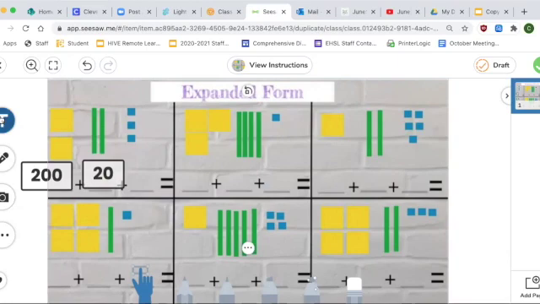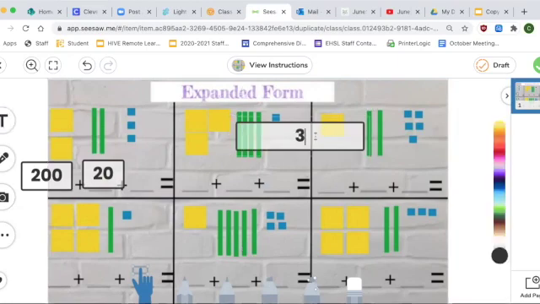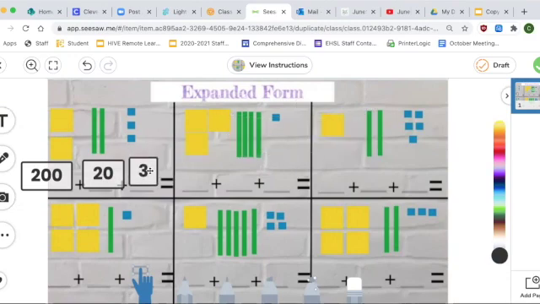And then I have 3 ones, and because they're ones, I know this, and you guys are all going, oh, Ms. Walker, we know this. Yep, but this is a skill we need to practice because when we learn how to break numbers apart, it's actually a great way to find a different strategy for adding and subtracting.